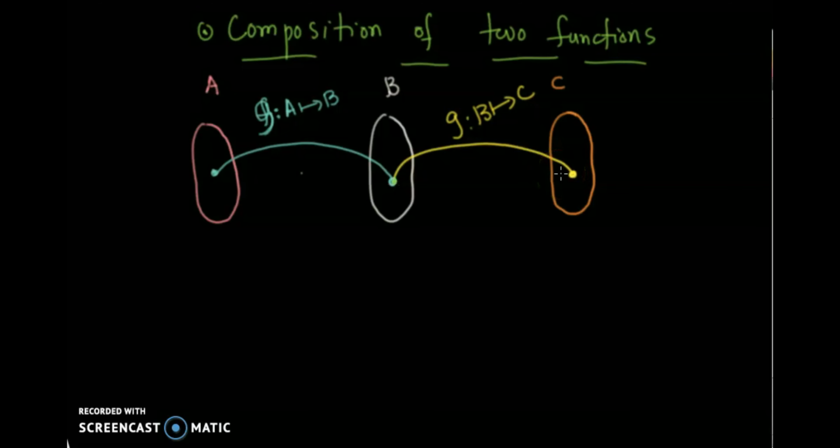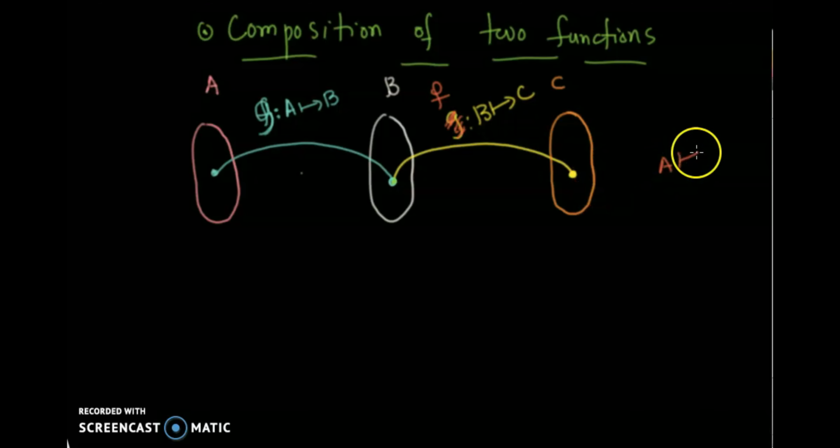We are interested in finding out a function which directly takes elements from A and throws them to C, and this can be achieved by defining the composition of these two functions. So let's say this is f, this is g, and this is f of g.